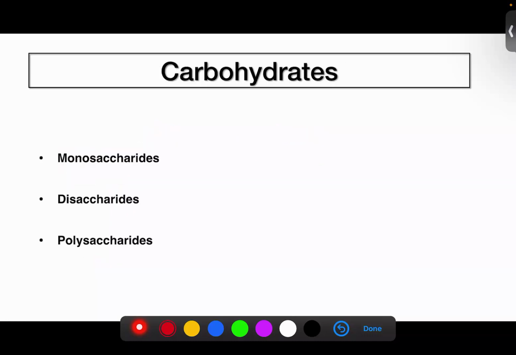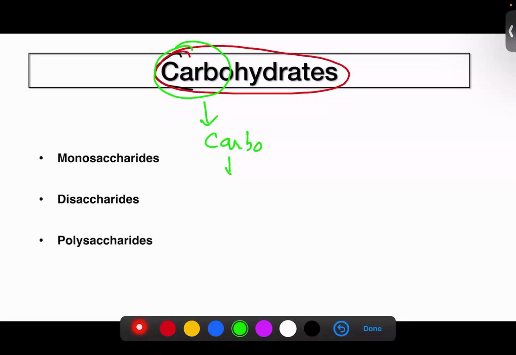Carbohydrates can be described as follows. If you look at this word, carbohydrate, you see it has 2 parts. The first part is carbo, which is from carbon. And the second part is hydrate.